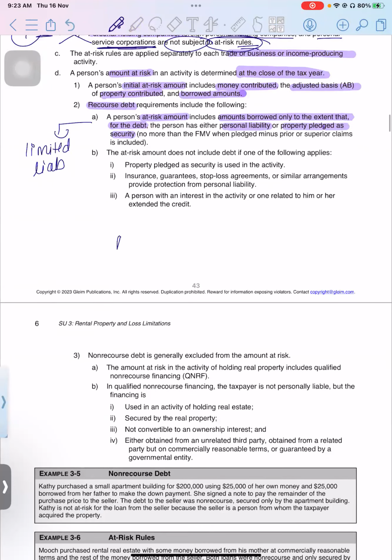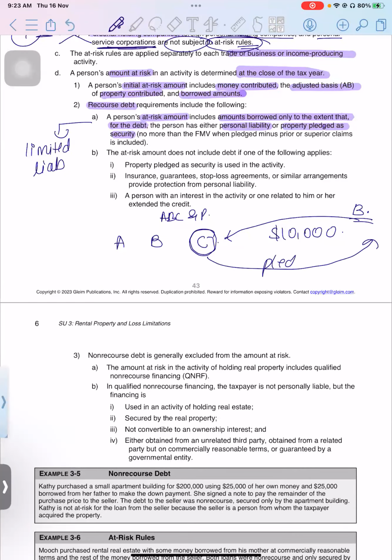So let's say A, B, and C, three partners, are there in an ABC partnership. They have borrowed $10,000. Now, the bank has not given this 10,000 just like that. Mr. C had his property. He pledged his own property for this loan. Now, this property was of $5,000 only.